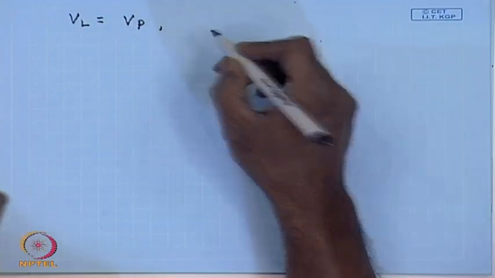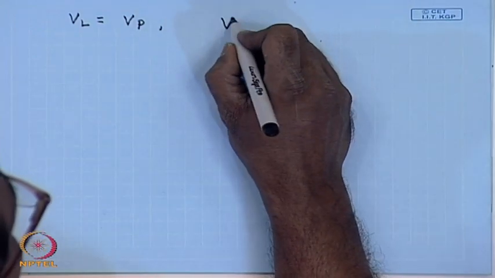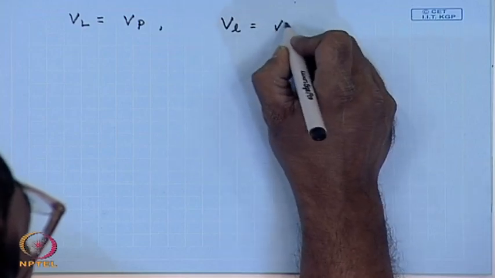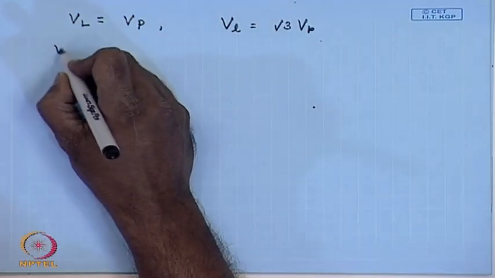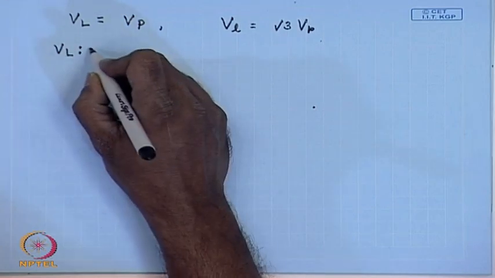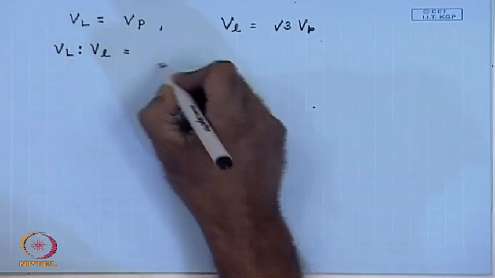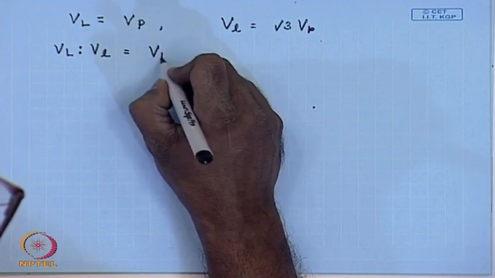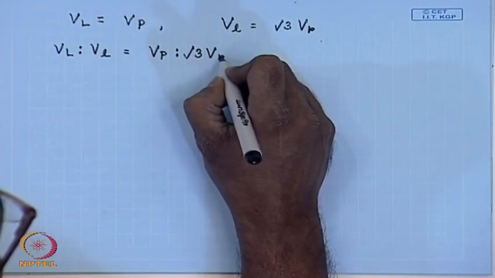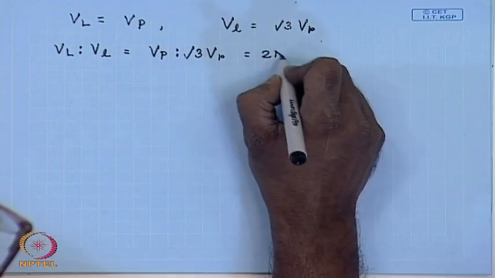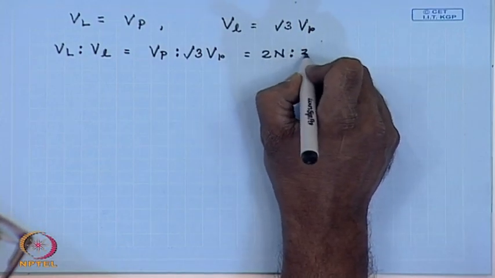So, on the low voltage side V L equal to root 3 V P. Therefore, we have V L is to v L equal to V P is to root 3 v P, which will be equal to 2n is to 3.